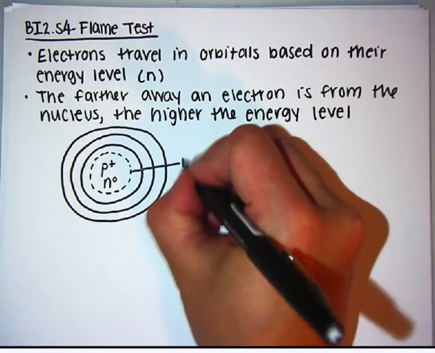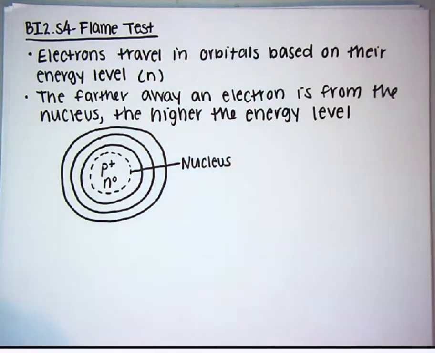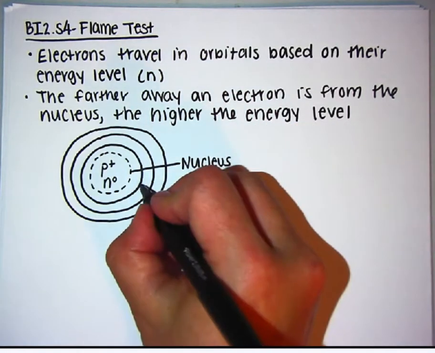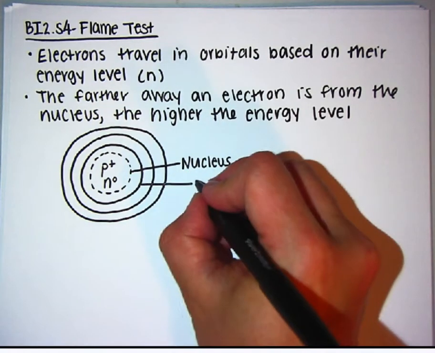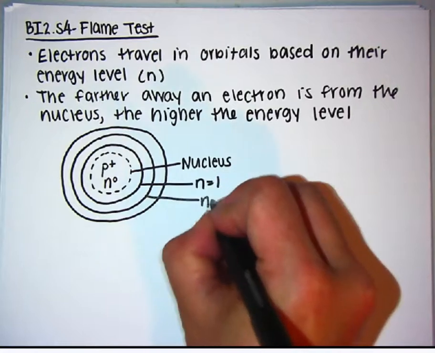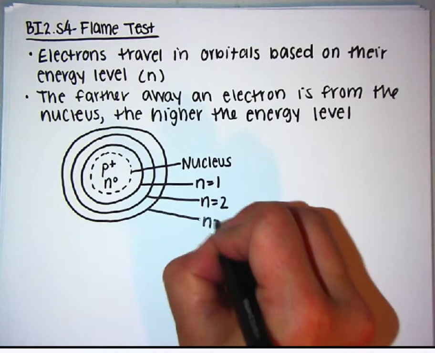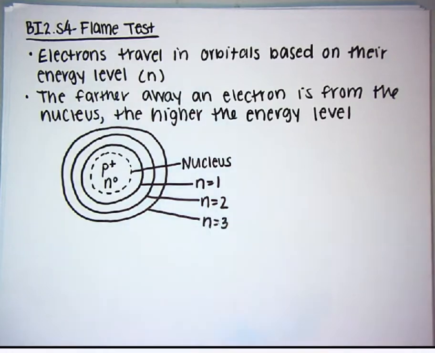So we have the centrally located, positively charged nucleus. The first energy level closest to the nucleus would be N equals 1. And then we just increase our numbers as we move out. N equals 2 and N equals 3.